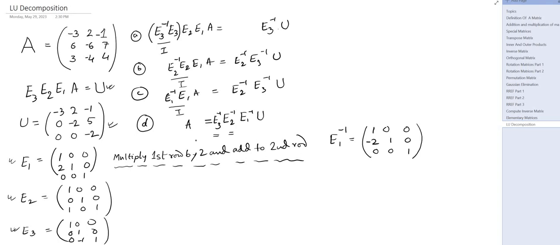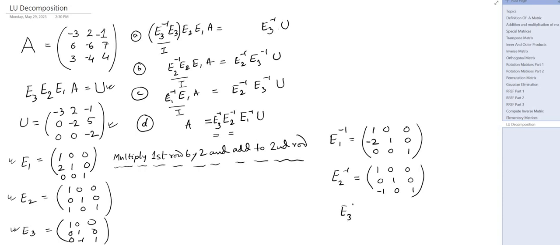So, clear? That's why I wrote it clearly. The inverse is basically multiplying by -2. Similarly, if I consider E2 inverse, it is the same thing, so it will be -1, 0 and 1.